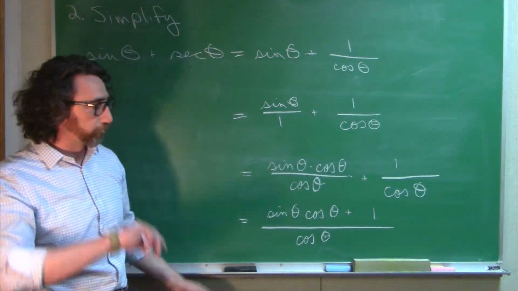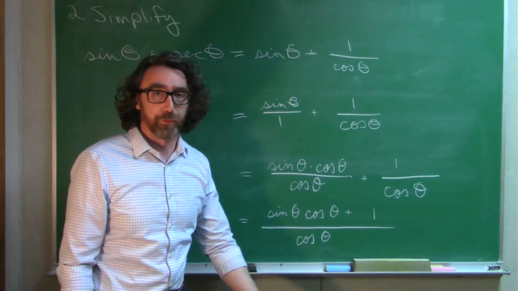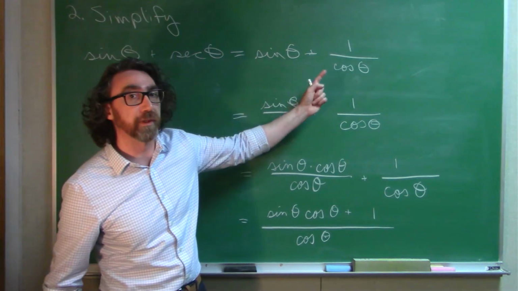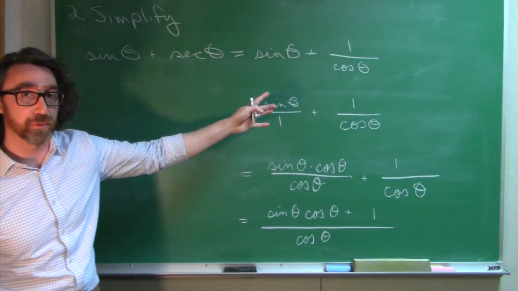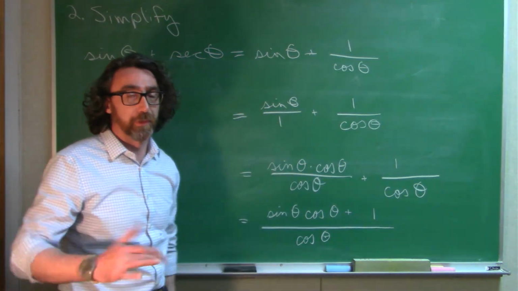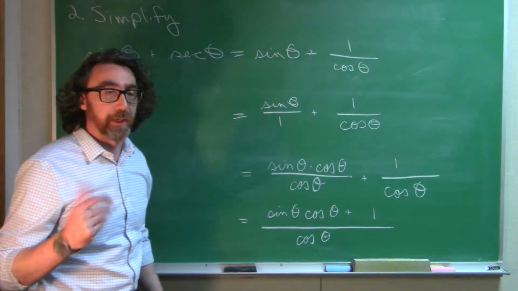Right. So this is the combined expression of those two. So once again, following that principle of writing everything in terms of sine and cosine exclusively, and if you ever have an expression with fractions and you have to add fractions, well, get yourself a common denominator and then add fractions.